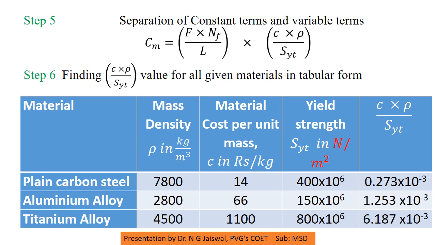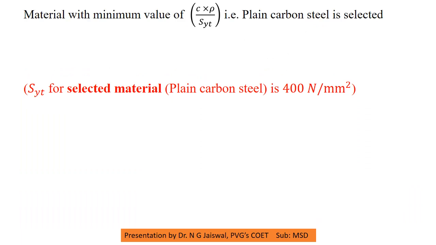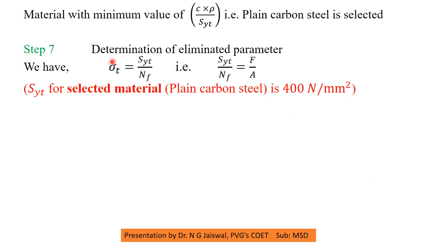And now you have to find the diameter. To find diameter, your equation is sigma t is equal to SYT by factor of safety, and SYT by factor of safety is equal to force by A. So SYT of which material will you choose now? SYT of plain carbon steel, that is given as 400 Newton per mm square.